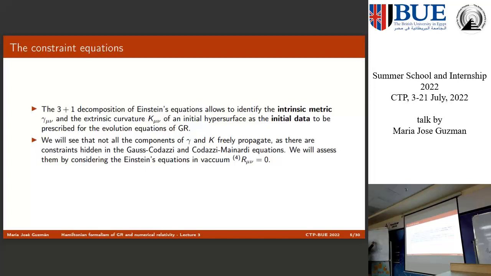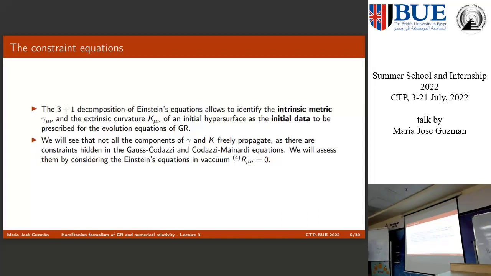R_mu nu minus 1/2 R g_mu nu is proportional to the matter, yes? But you can rewrite the equations in such a way that R_mu nu is equal to the matter content, some combination of the energy momentum tensor.